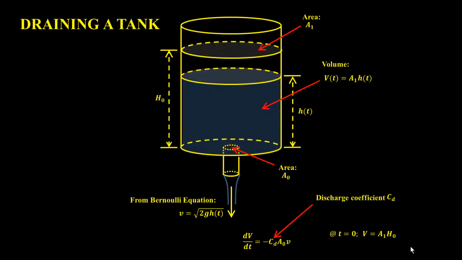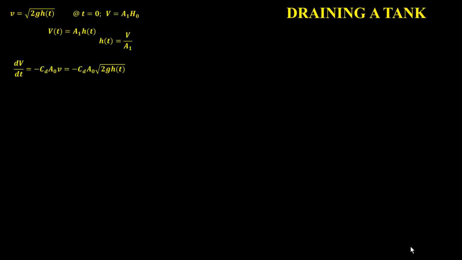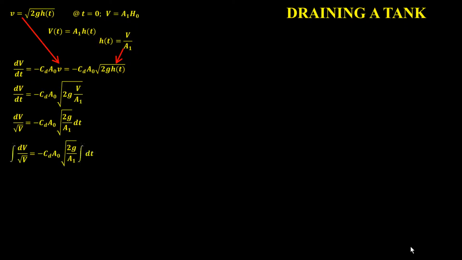V, our volume, is equal to A1 times H0. So then we take that information, and then we have the equation for the volume flow rate. For V, we use root 2 g H(t), and then we do separation of variables, and then we integrate both sides, and we get 2 root V is equal to this.